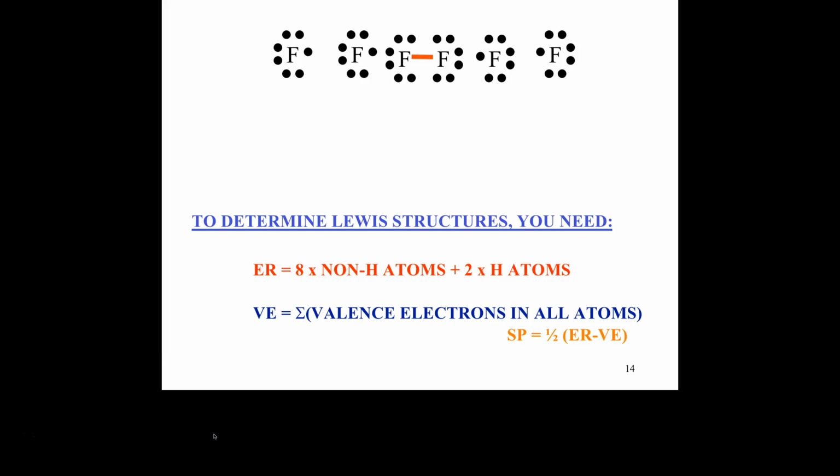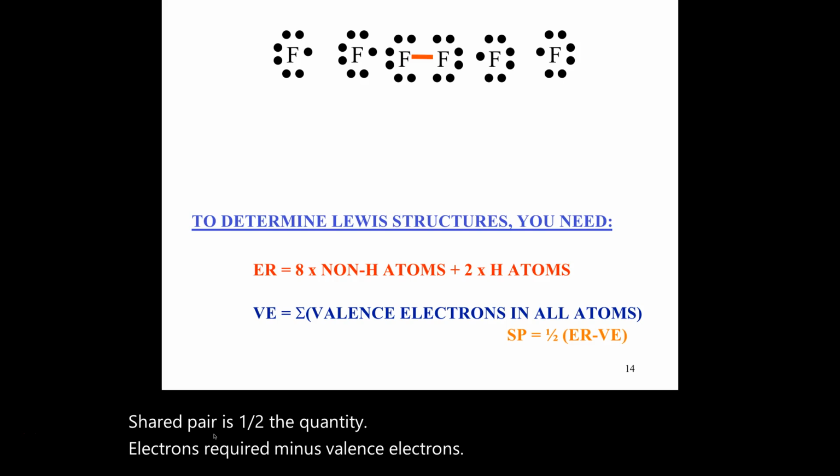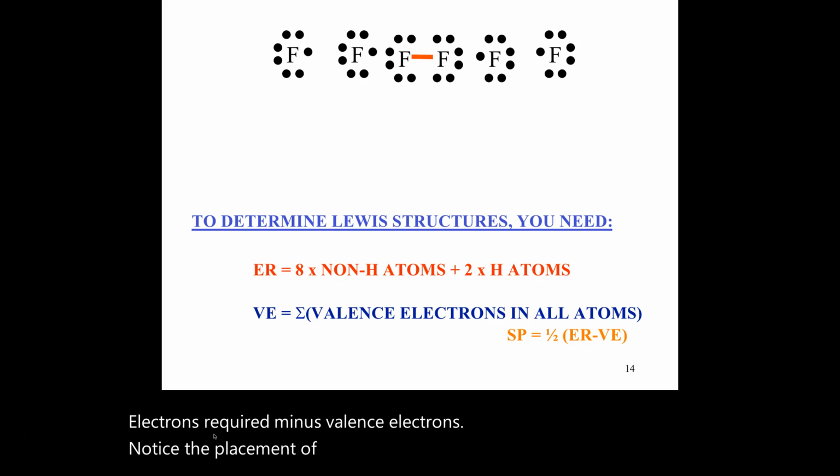We have an equation for a shared pair. Shared pair is 1/2 the quantity electrons required minus valence electrons. Notice the placement of the parentheses. The half is on the outside of the parentheses.